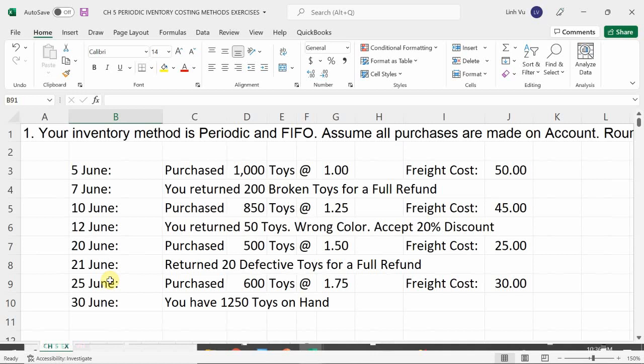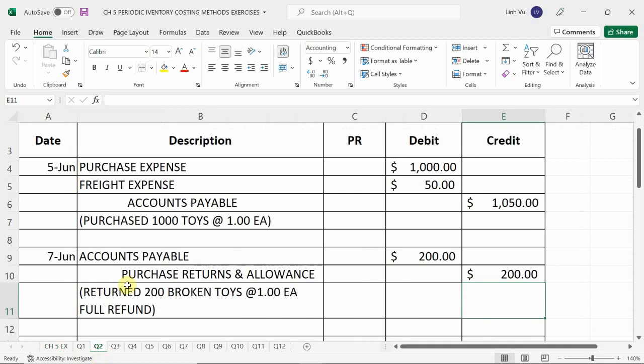So we have 850 at $1.25 and $45 worth of freight. So here, let's go ahead and journalize that we purchased more inventory.